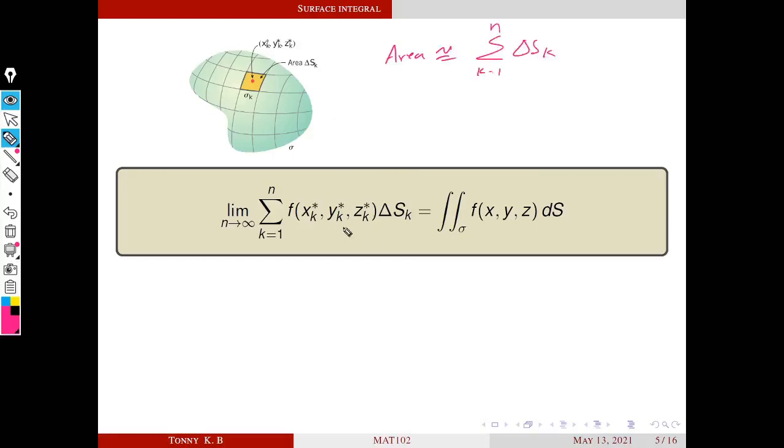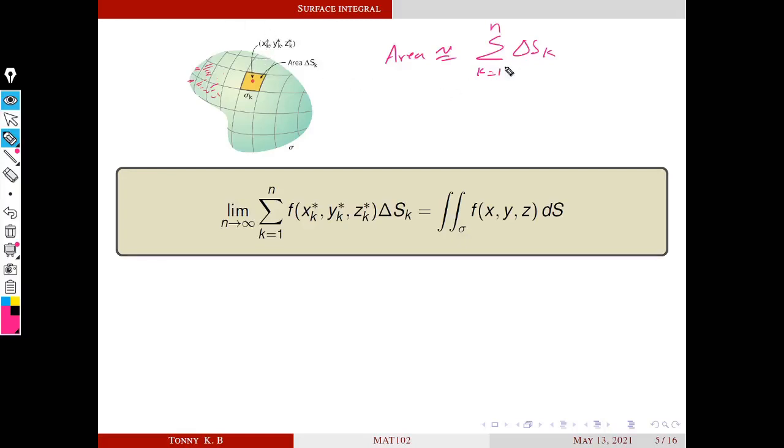Yes, if you choose f as 1, then the area of this 3D surface sigma is approximately the sum over k equal to 1 to n of delta s_k, because delta s_k is the area of the kth patch. We take the area of the first patch plus the second patch, and so on. We exclude the edge patches, because they are not full patches.